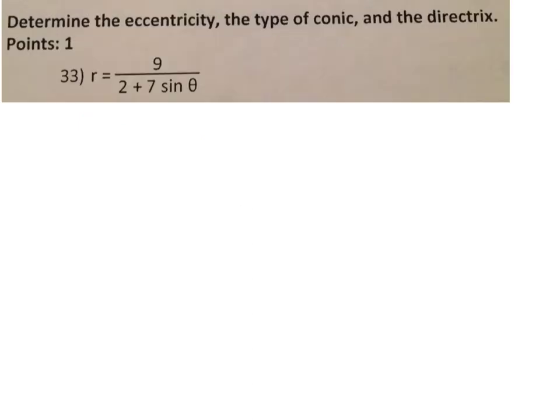Determine the eccentricity, the type of conic, and the directrix. Very first thing we have to do is get this into the form that tells us all of those things. That form has a 1 right here where the 2 is, so we're going to divide everything in this fraction by 2 on the top and the bottom. So that is going to make this 9 halves over 1 plus 7 halves sine theta.